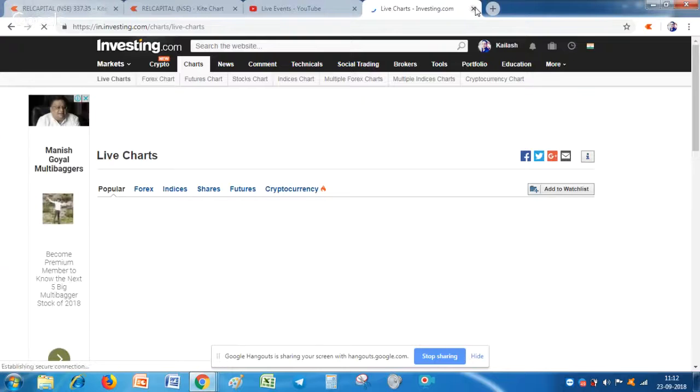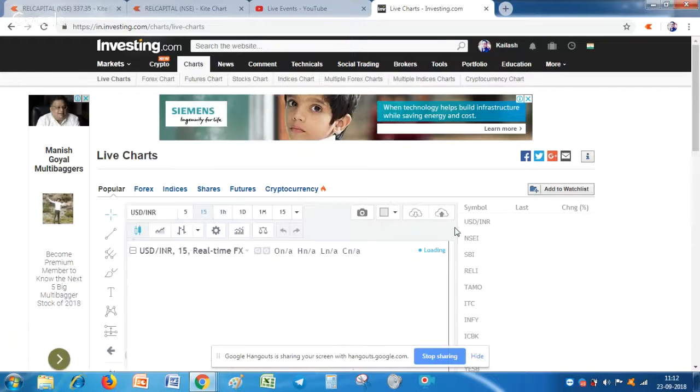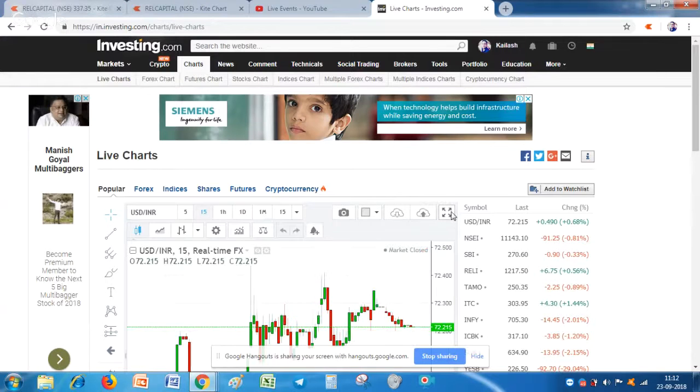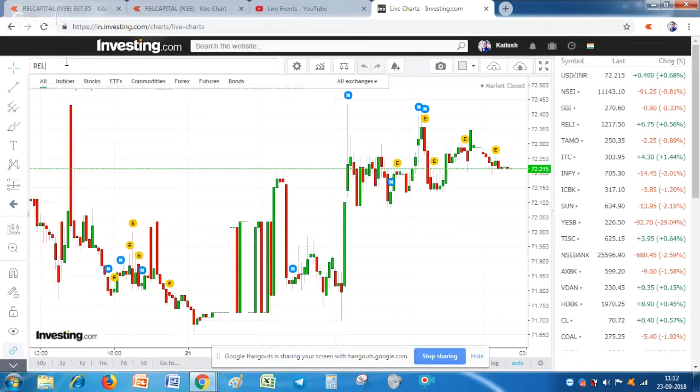So friends, this site will be open to all, right? Here we will go down. You could see here, we will get the option of charts. By default, it shows the US chart, so let us change it to any stock. Let us just type here Reliance.